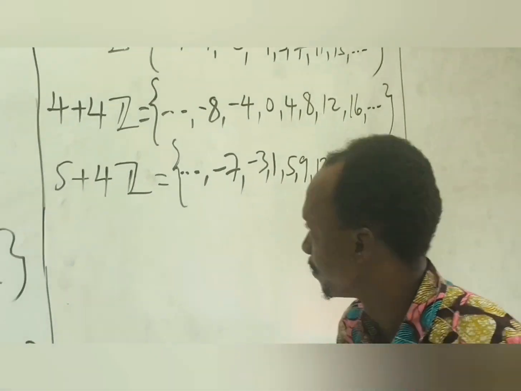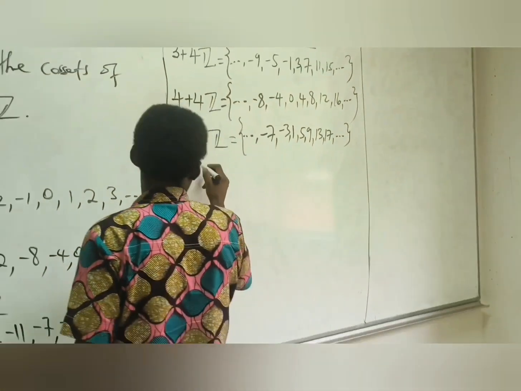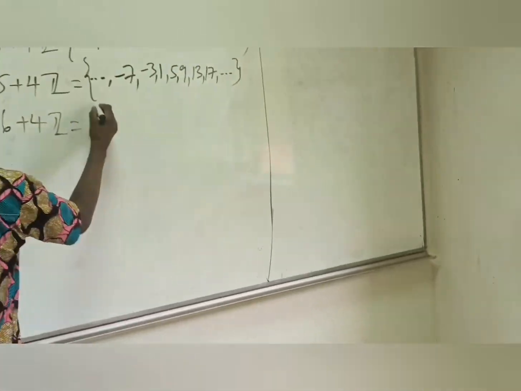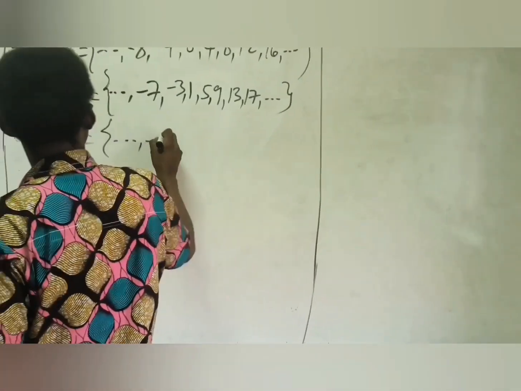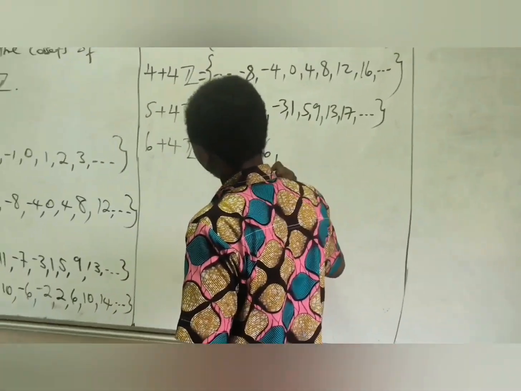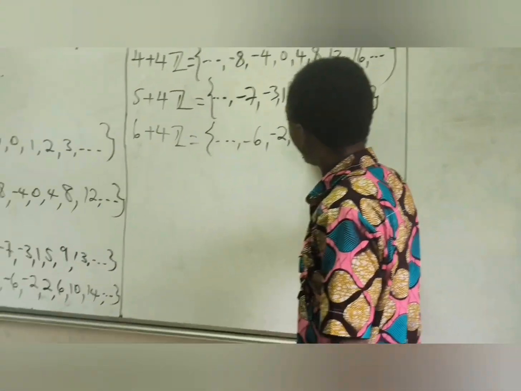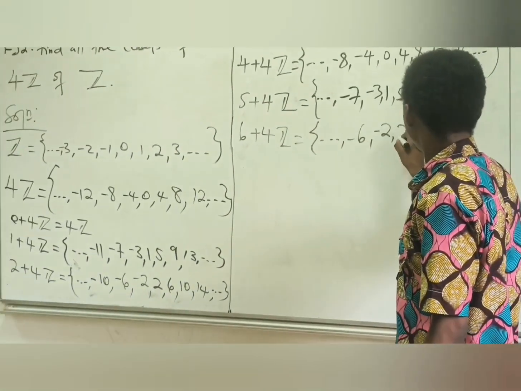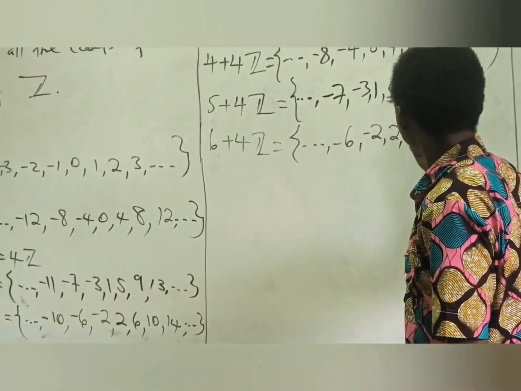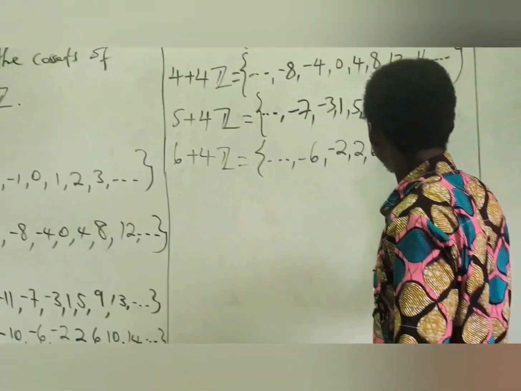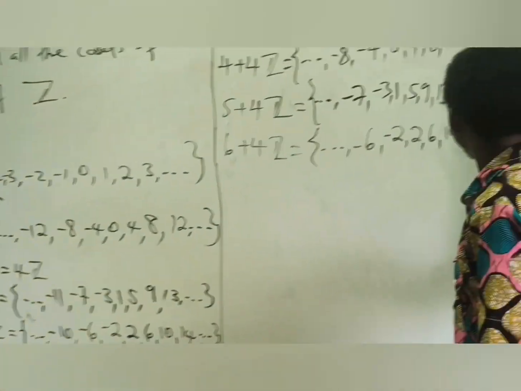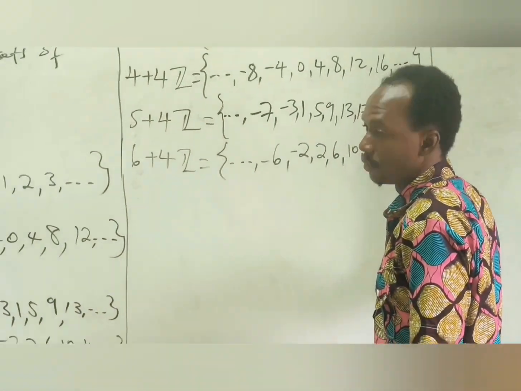Okay. 6 plus 4z. Negative 6. Negative 2. We have 2. 6. 10. 14. 18.